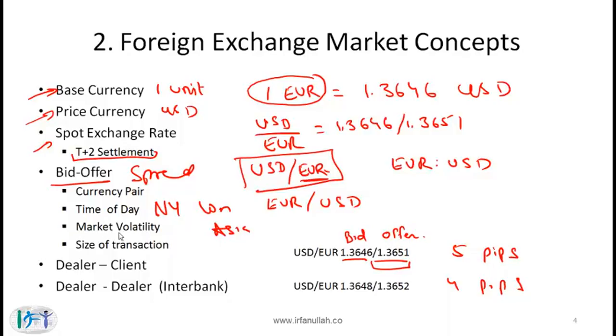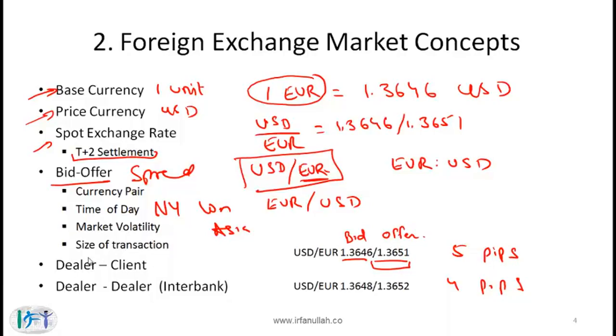Market volatility, if FX market volatility is relatively low, then the spreads are low. If the market volatility is high, then the spread is relatively high. Size of transaction, the spread is high if the size of the transaction is relatively large, and the spread is low if the size of the transaction is relatively low.